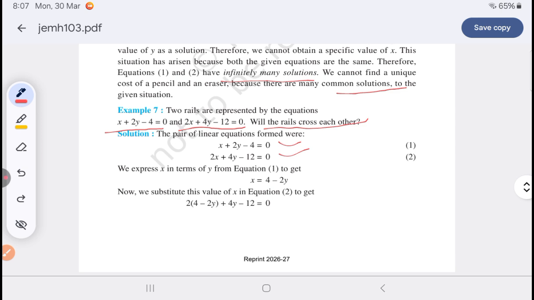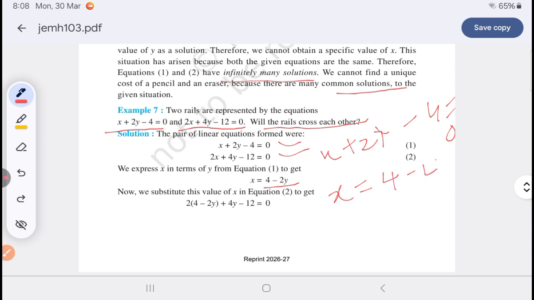From equation 1, you will get x equal to 4 minus 2y, because x plus 2y minus 4 equal to 0. So x equal to, you move the minus 4 to that side.